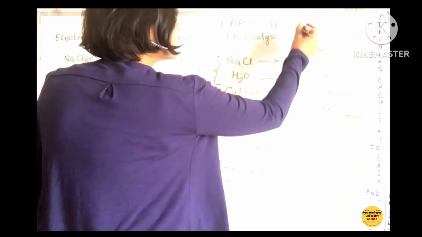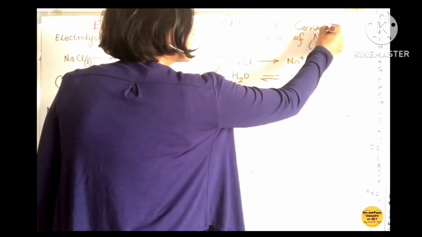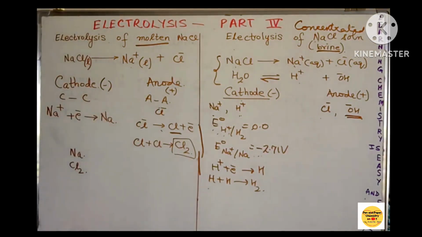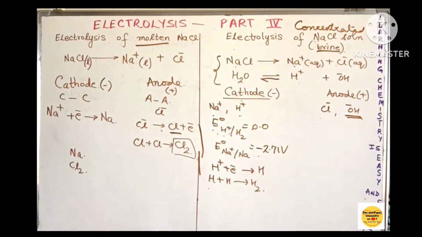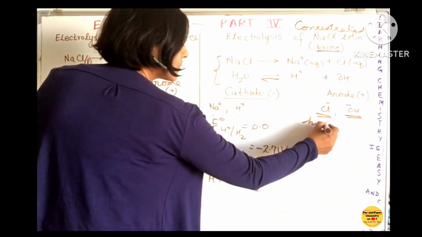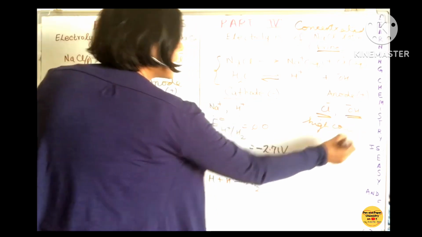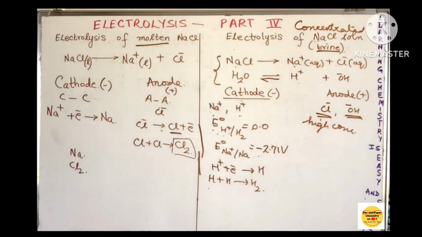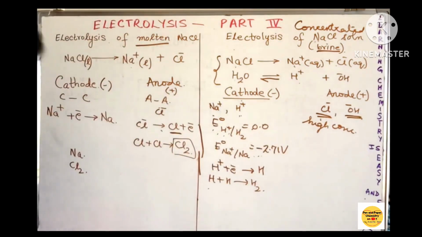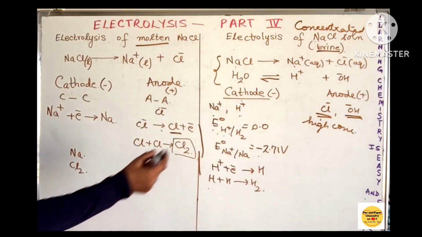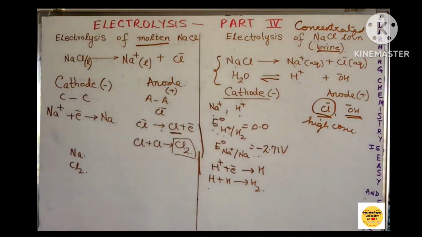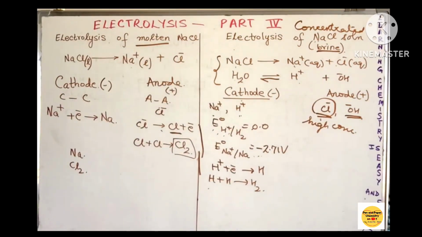But you see, the word that I mentioned at the beginning of the lesson was concentrated. That means in this particular solution, the concentration of chloride ions is high. So although in terms of oxidation potential, hydroxyl ions should lose electrons, because chloride ions are in the majority, they get an upper hand.